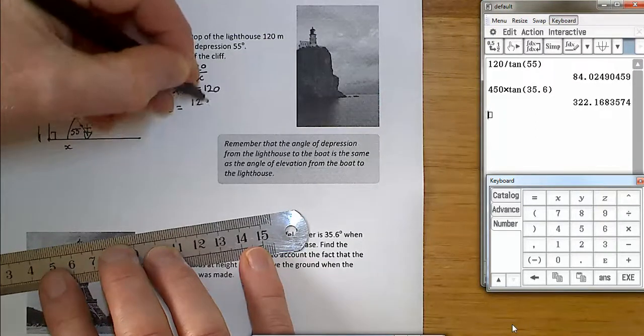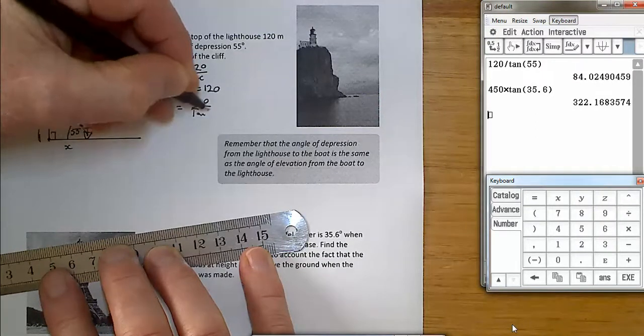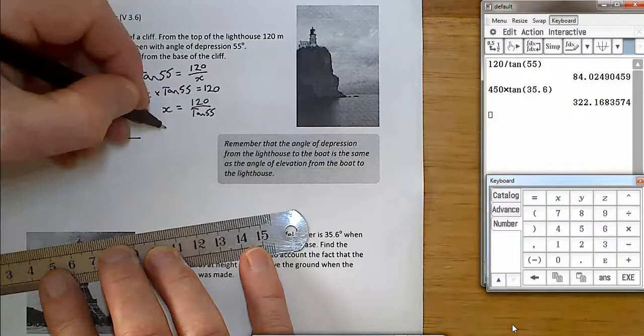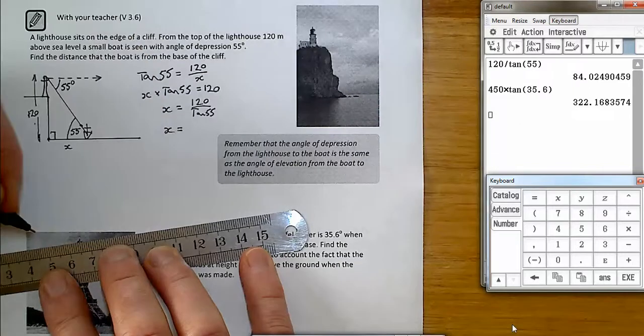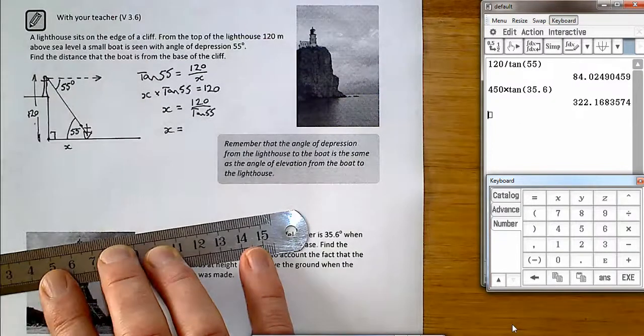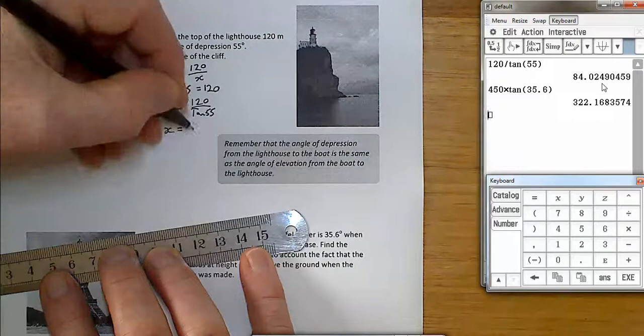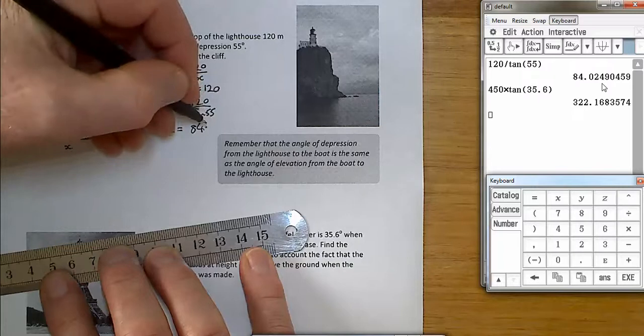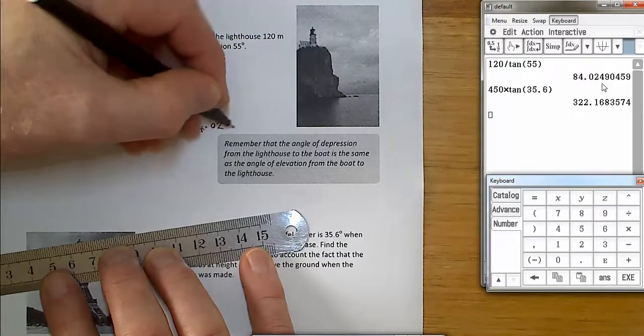I've got to divide this side by the tan of 55, and I'll have x by itself. Now I can go to my calculator: x is equal to 120 divided by the tan of 55. Now I've already done that. You can see over here the answer is x is equal to 84.0502 meters.